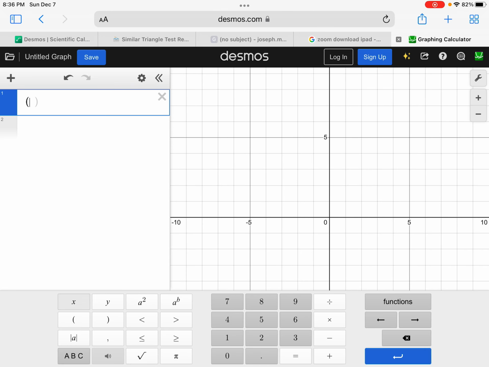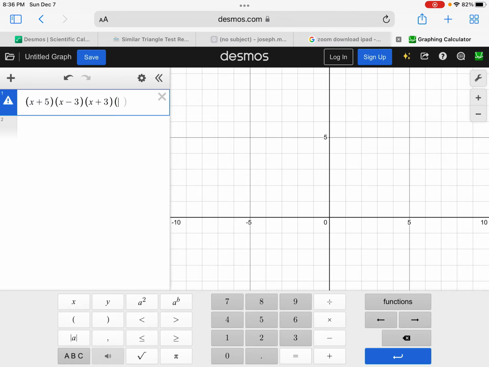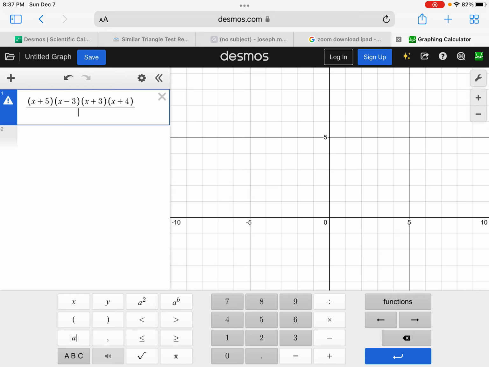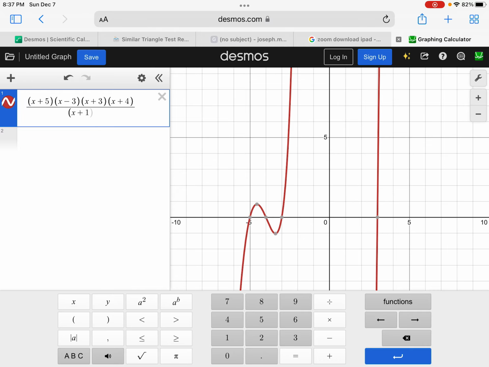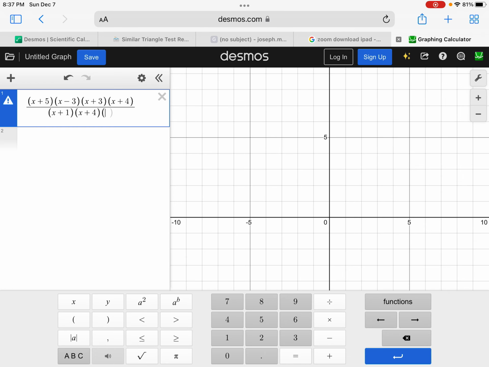We've got x plus 5, and now we've got x minus 3, and then we've got x plus 3, and we've got x plus 4. All right, and then all of this on the bottom, we have x plus 1, x plus 4, and finally x minus 2.